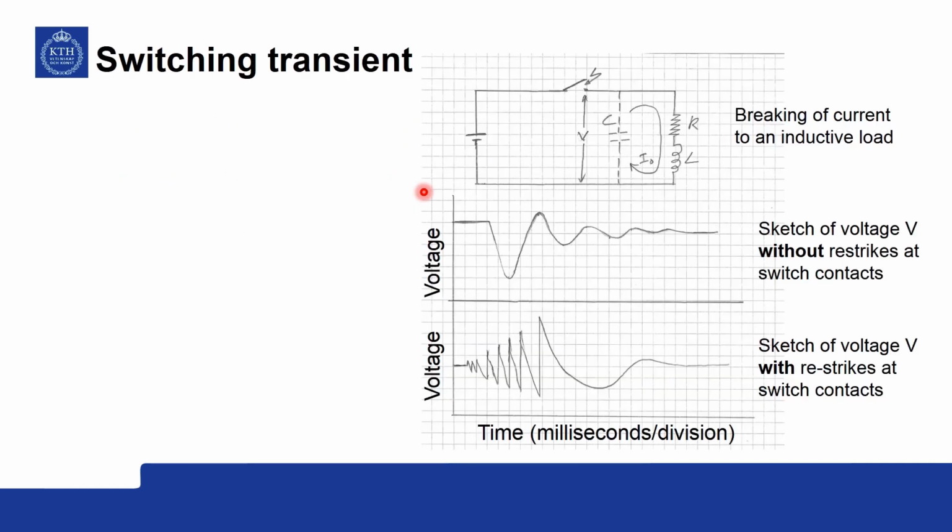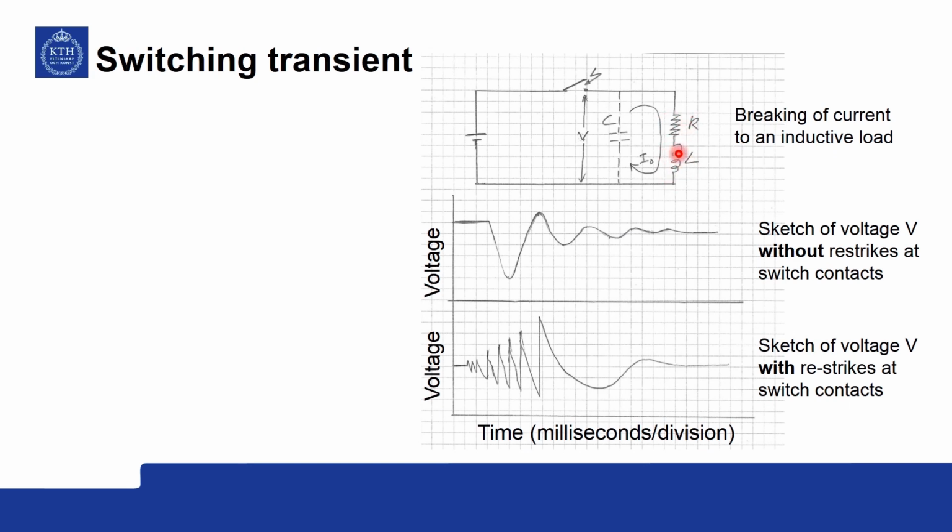Now, switching transients. Switching transients are very common, a common day occurrence whenever you switch any device or lights. Typically, suppose you have a source, here a battery is shown, and a mechanical switch that is closed and open, and your load may be in the form of resistance and inductance.